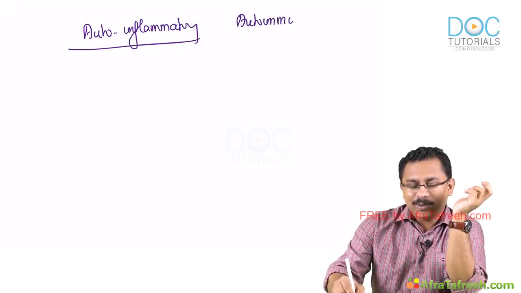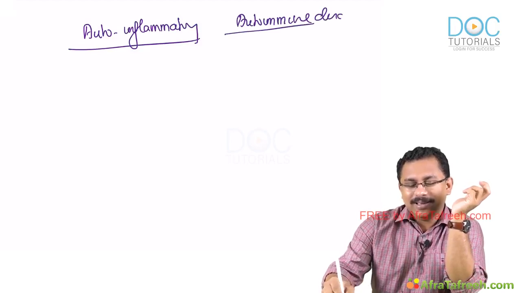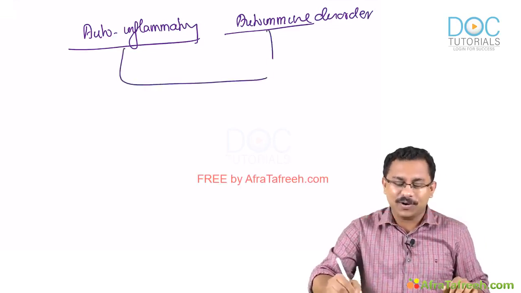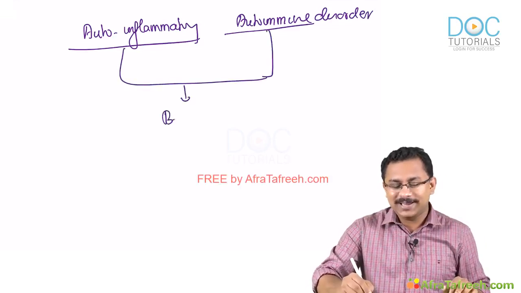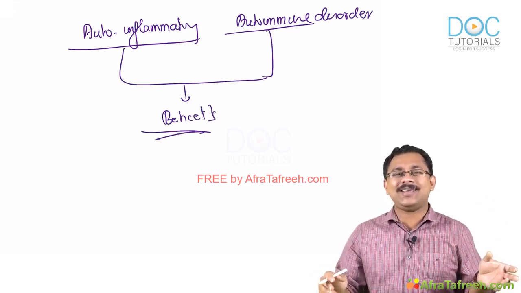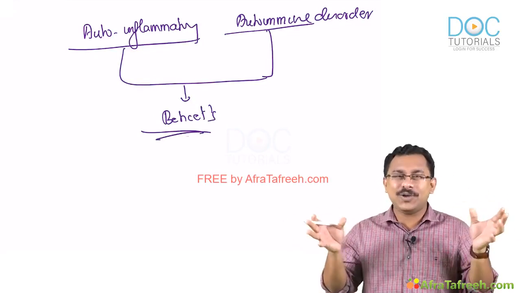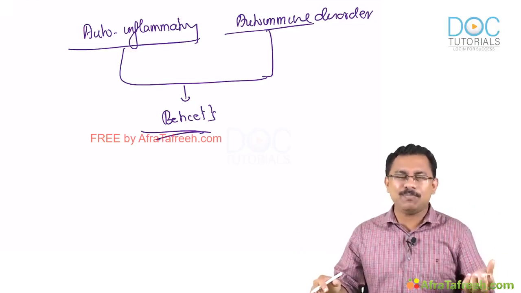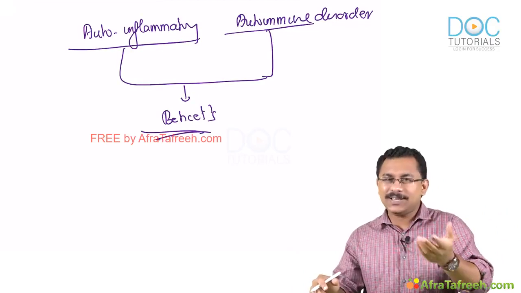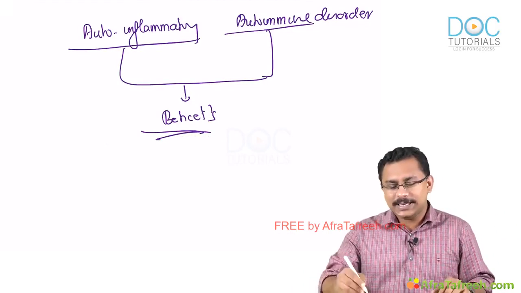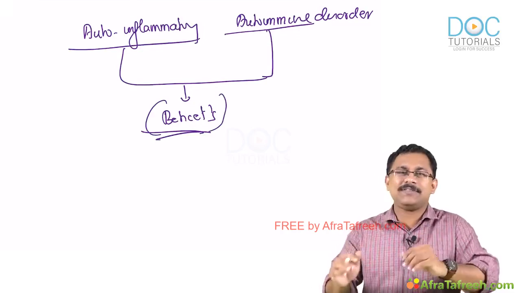Now this particular disorder is said to be in the crossroads of autoimmune and auto-inflammatory disorders. So it has certain features of an auto-inflammatory disorder and certain features of an autoimmune disorder. For your exams, auto-inflammatory disorders are not that important, but autoimmune disorders are the ones which we have discussed in detail, the connective tissue diseases. So this is almost having features of both.